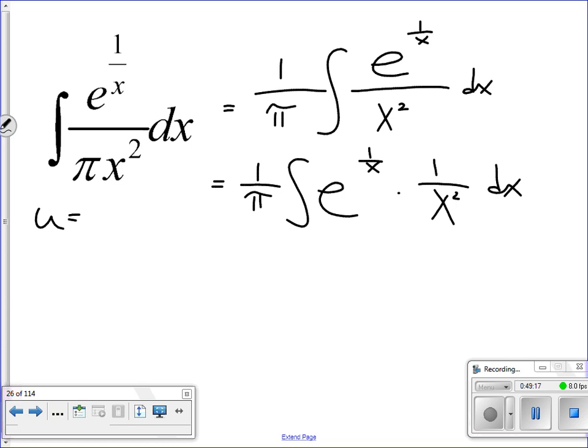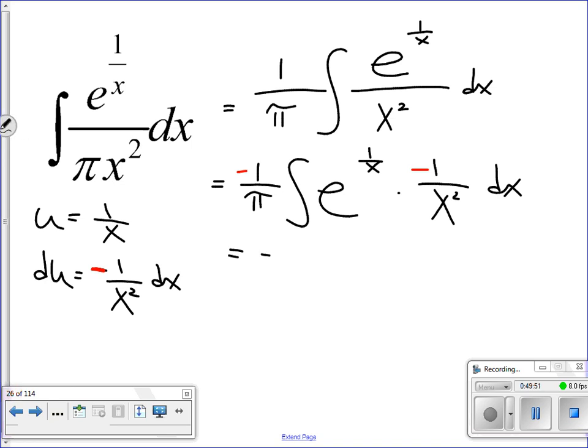So u is equal to 1 over x, or x to the negative 1. du would equal negative 1 x to the negative 2, or negative 1 over x squared dx. That's a really good one to know by heart also. The derivative of 1 over x is negative 1 over x squared. You are missing a factor of negative 1. So we multiply by negative 1 inside, and the reciprocal of negative 1 is also negative 1, so on the outside.